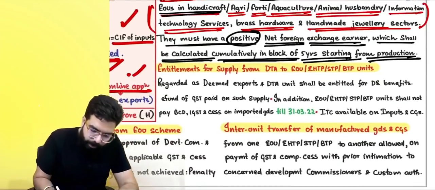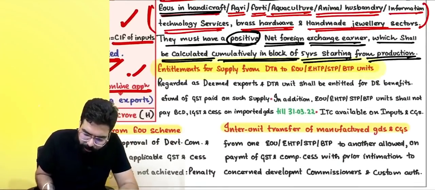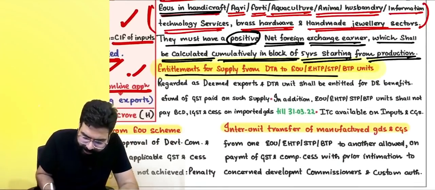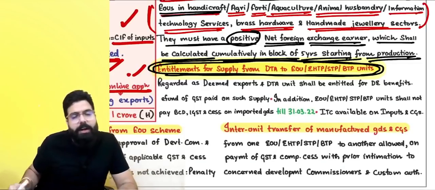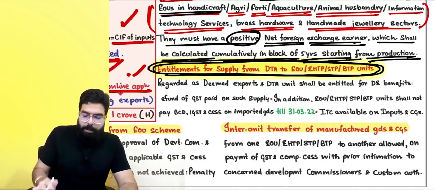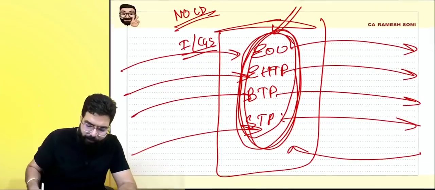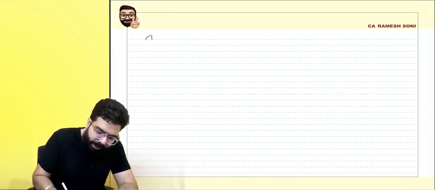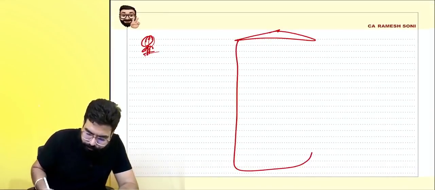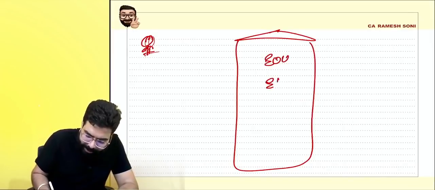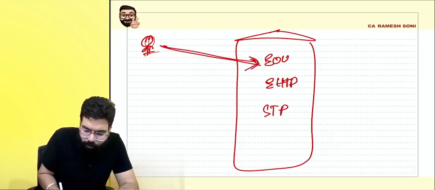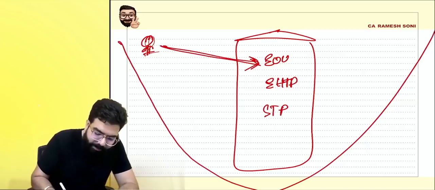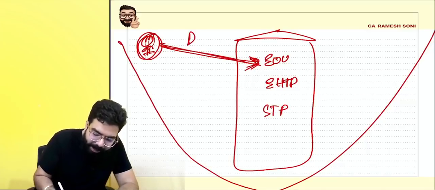Next, sir, entitlement for supply from domestic tariff area to an EOU, to a 100% export oriented unit. Always remember, listen to me very carefully. If one person is supplying to an EOU, ESTP, STP, all this, even though this person is in India, this will be deemed as an export.